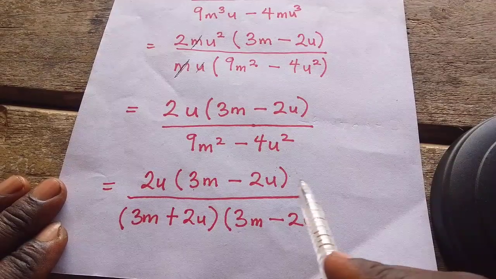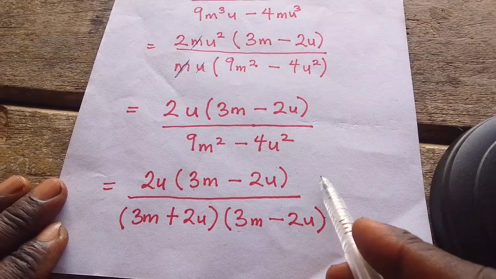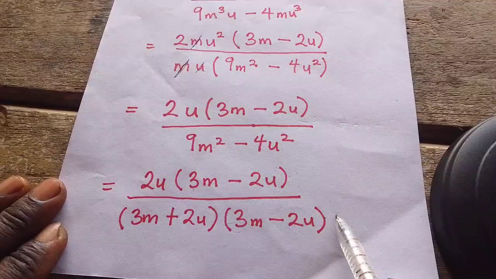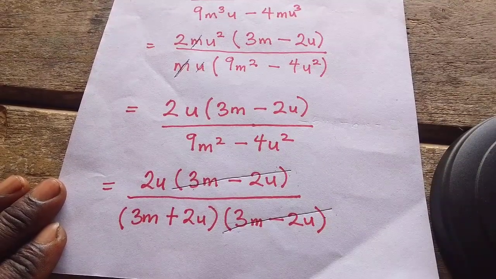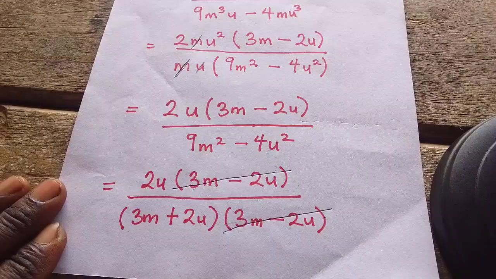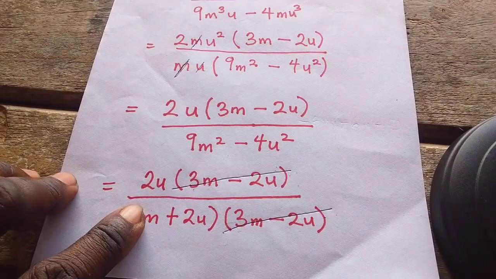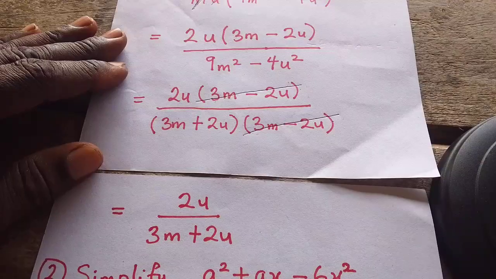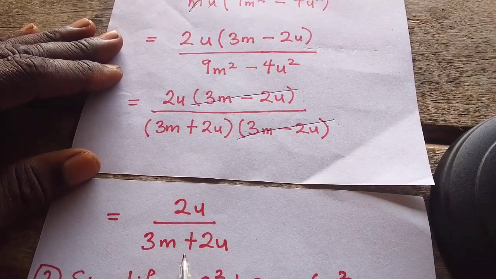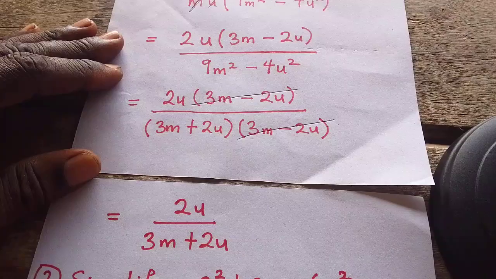Since they are multiplying, you can easily cancel this out. This and this one will cancel out. So when they cancel out, you are now left with what? 2u over 3m plus 2u.